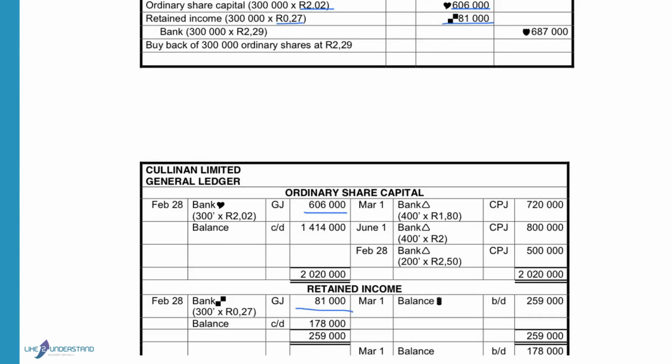And the total amount will be paid out of the bank, so that the shareholders will receive in total 687,000 rand. Included in that 687,000 is the 606,000 that the share capital is reduced by, and the 81,000 that retained income is reduced by.